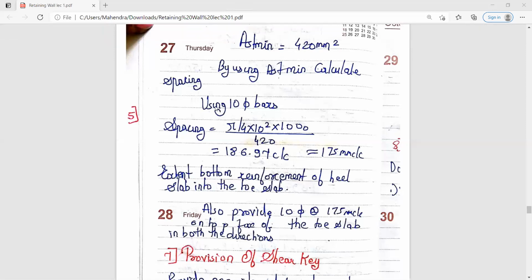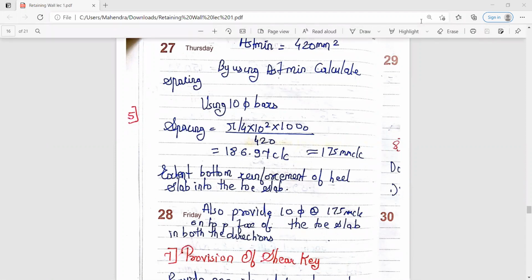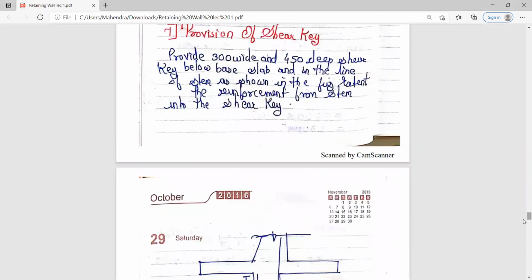Yes, done up till here. Okay. So now you need to provide the shear key. As we had seen in the earlier step, we need to provide the shear key.